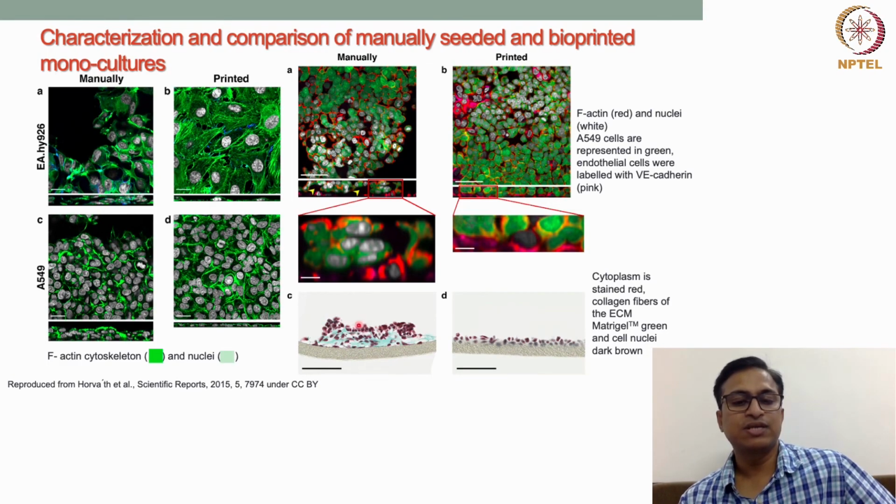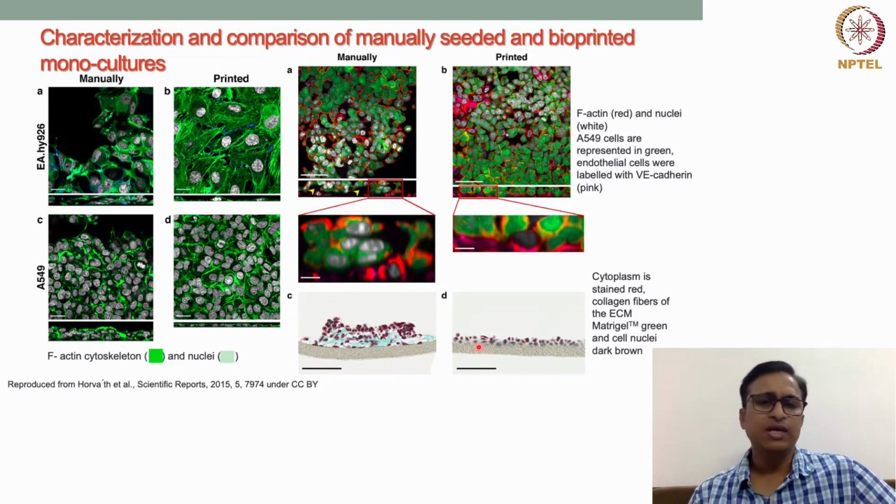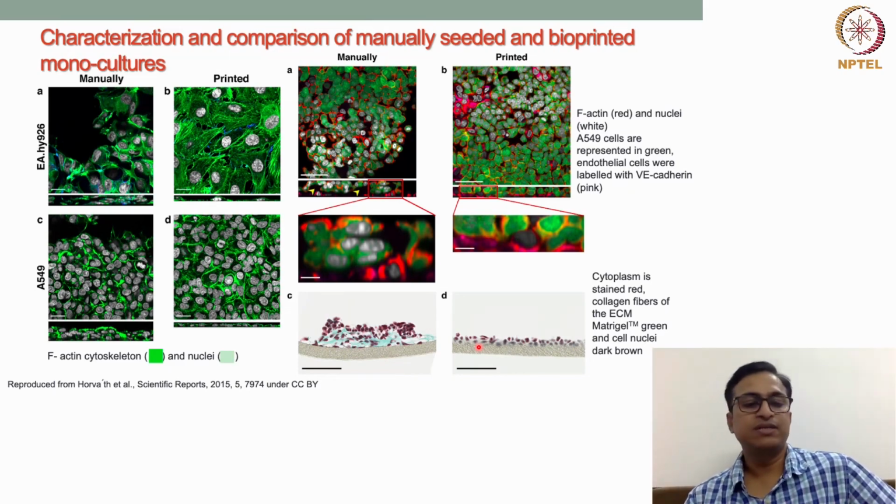The cells are distributed randomly, and a multilayer structure is formed. But when it is printed, a monolayer culture is typically formed, and a particular order is maintained.